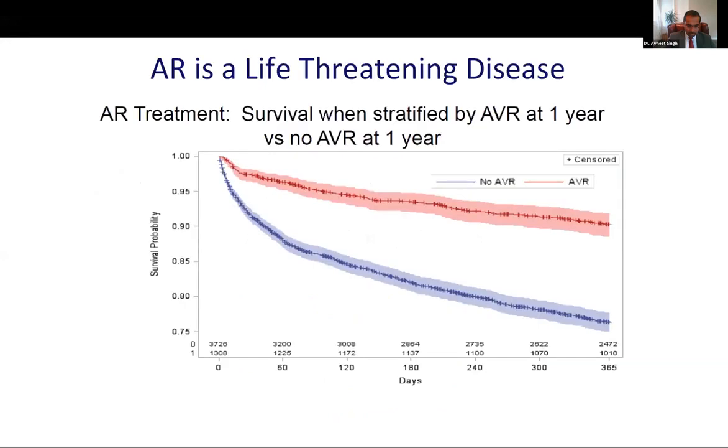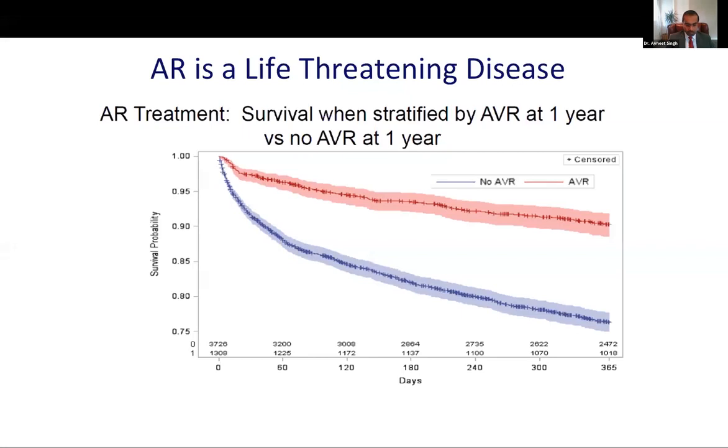So as with aortic stenosis, even aortic regurgitation treatment is very important, because without any aortic valve replacement, mortality in severe patients is about 75%, and otherwise in all comers about 25 to 30%.